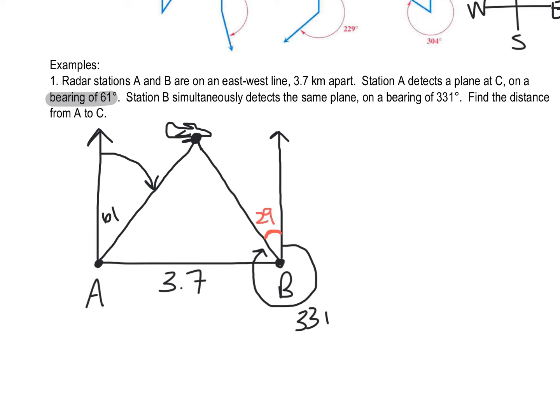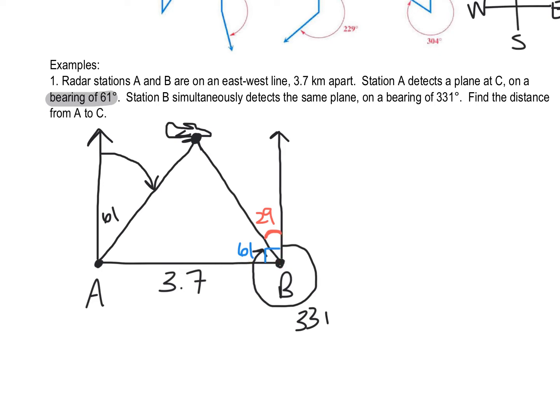If you think about what you know about north, south, east, west, this is north and this is east, west. Do you see that? Keep this in mind. This is going to be true for most of the pictures that we're going to draw. This is a right angle. Therefore, I can figure out that this angle here is 61 degrees because it makes a right angle, and that is because north and west makes a right angle.